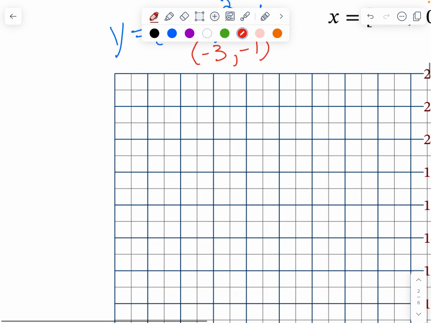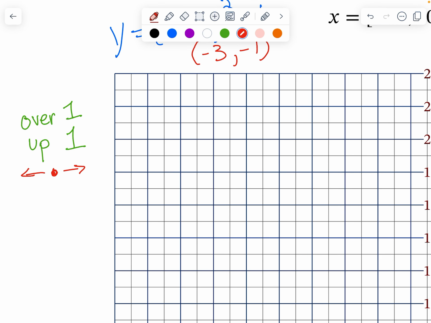So the pattern is going to be over 1, up 1. And then you put your point and you do it on both sides. And then the next one is over 2, up 4.